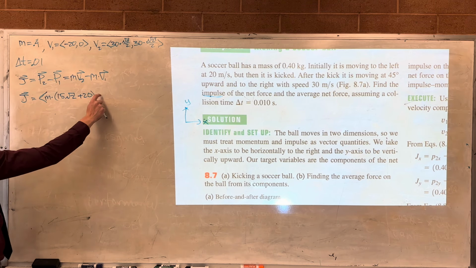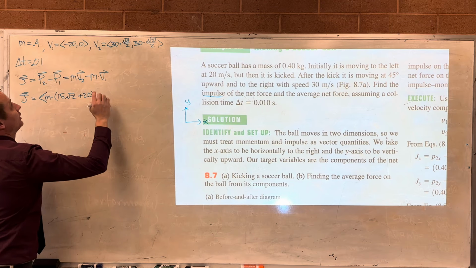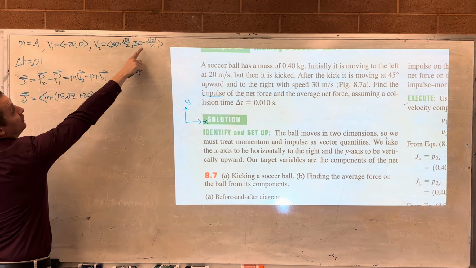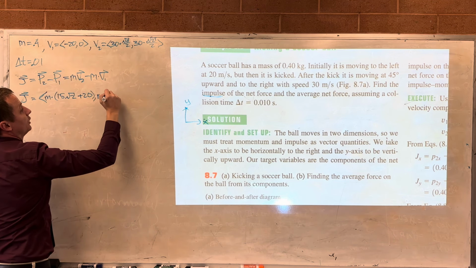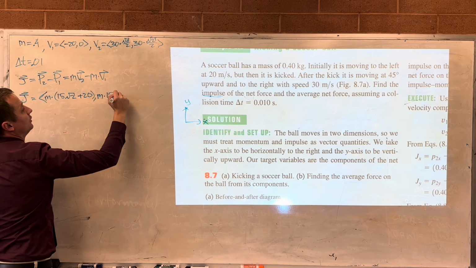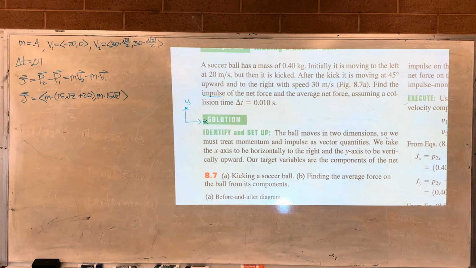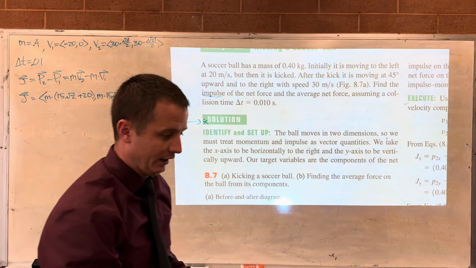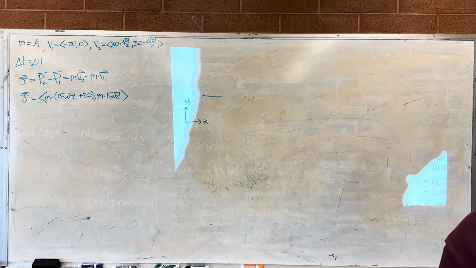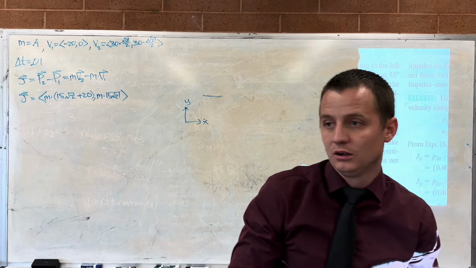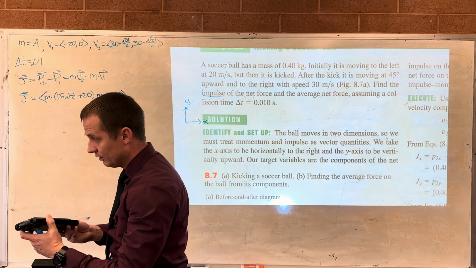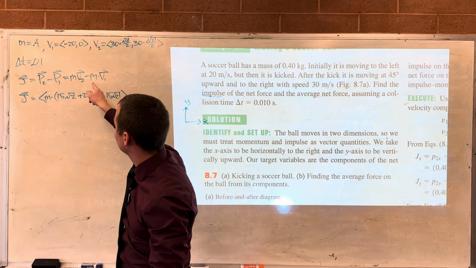Okay, and then in here we're going to have m times 15 square root of 2 minus 0. So there's our impulse vector. Let's go ahead and put some numbers in. Right, so we just did this in the x direction and the y direction.